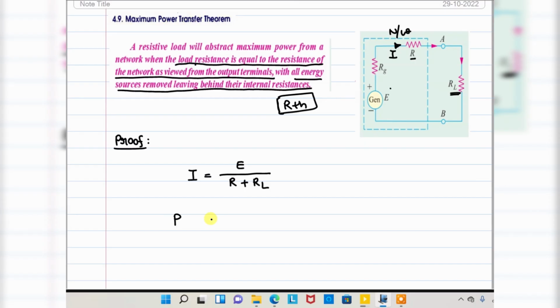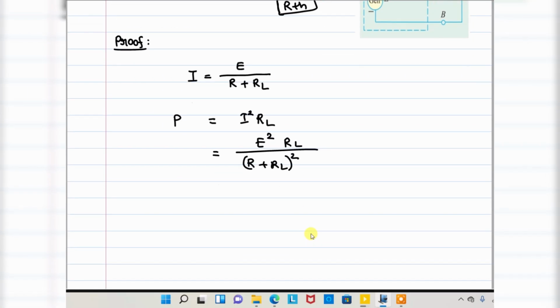The power formula is P equals I squared RL, because we need to calculate the power. Replacing I, we get E squared divided by R plus RL whole squared, times RL. This is the actual power formula.